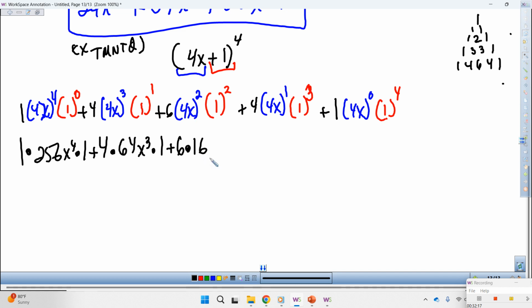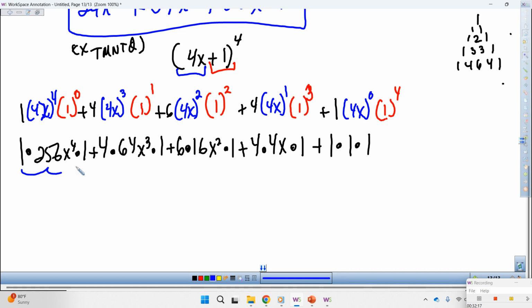That's 16. X to the second times 1 plus 4 times 4 to the first is 4. X times 1 cubed is 1 plus 1 times 4x to the 0 is 1 times 1 to the fourth is 1. Here we go, numbers times numbers.